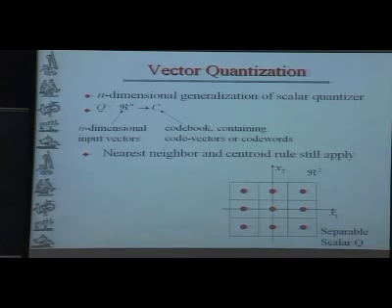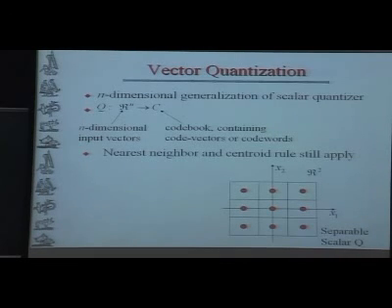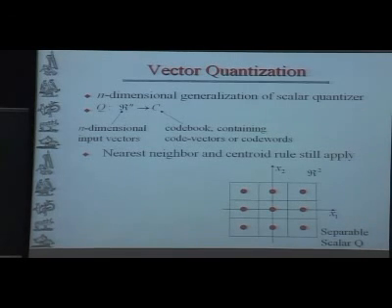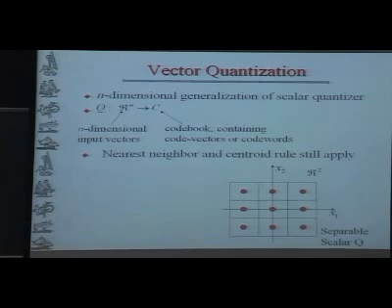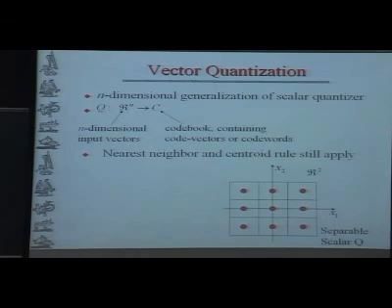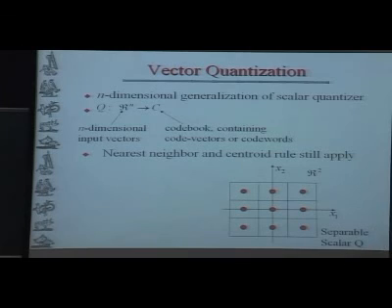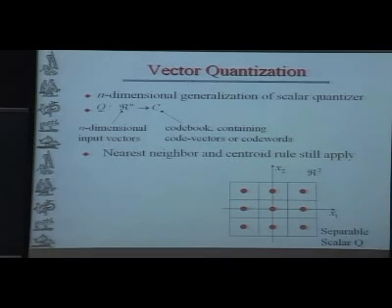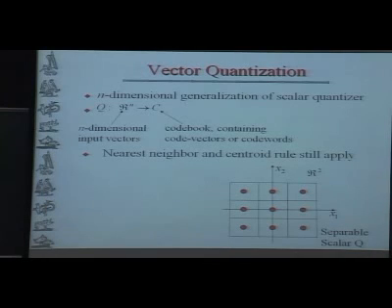Before we take a break, I'm going to spend 1 minute talking about something we call vector quantization. What we have been talking about so far is scalar quantization, meaning that one guy coming in, one guy coming out. Vector quantization is an n-dimensional generalization of scalar quantizer.